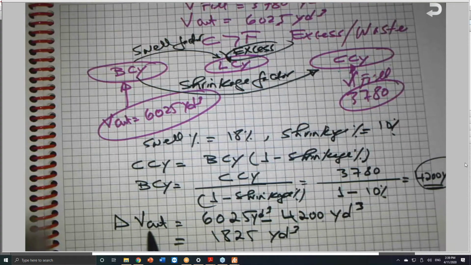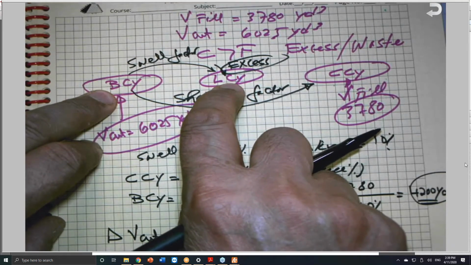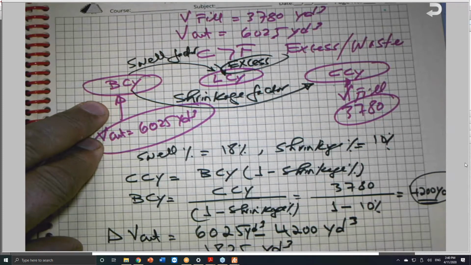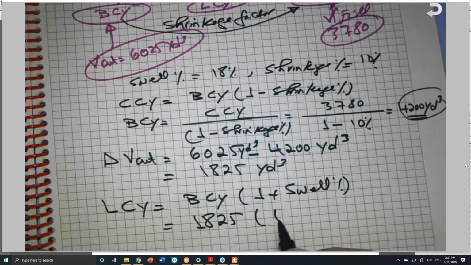But this is the volume of the cut here, and he's asking how much volume will be hauled out. It must be loose. So I said loose cubic yard is equal to bank cubic yard times 1 plus swell percent. So I will take the volume I just calculated, which is 1825, times 1 plus the swell percent, which is 18%.